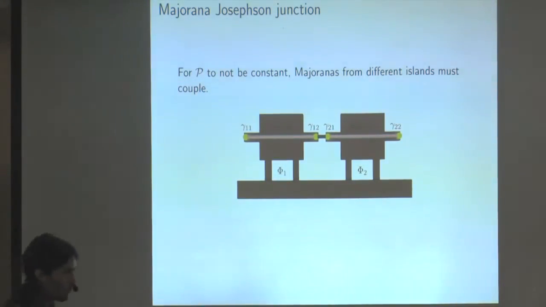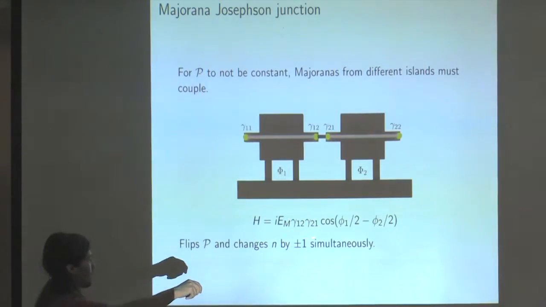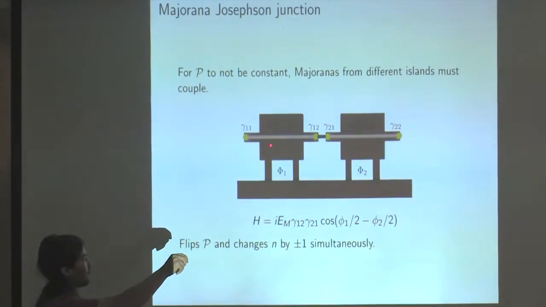This hopefully can be done by just bringing Majoranas from neighboring islands close to each other, and that splits the degrees of freedom between them by the now famous 4-pi periodic Josephson effect. This term in the Hamiltonian does two things. First of all, this product flips the fermion parities of both islands, because it anti-commutes with the product of the Majoranas.